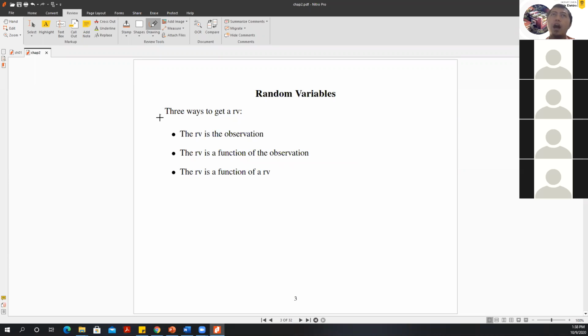Okay. How do we get the random variable? In general, we can classify into 3 types or 3 methods. First, from the observations. Second is a function of observation, and third is a function of random variable.